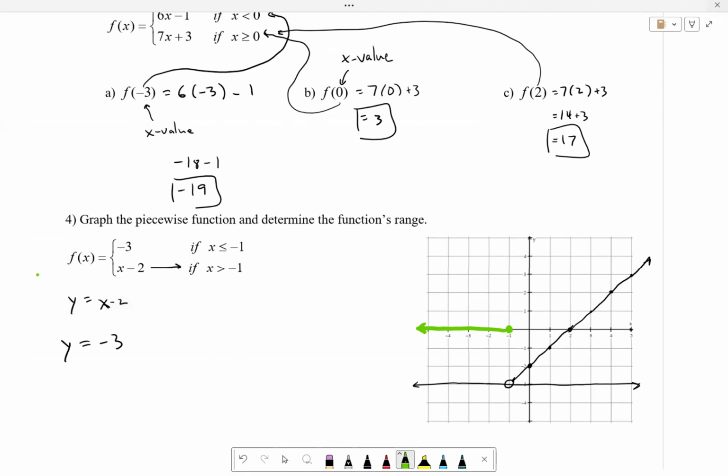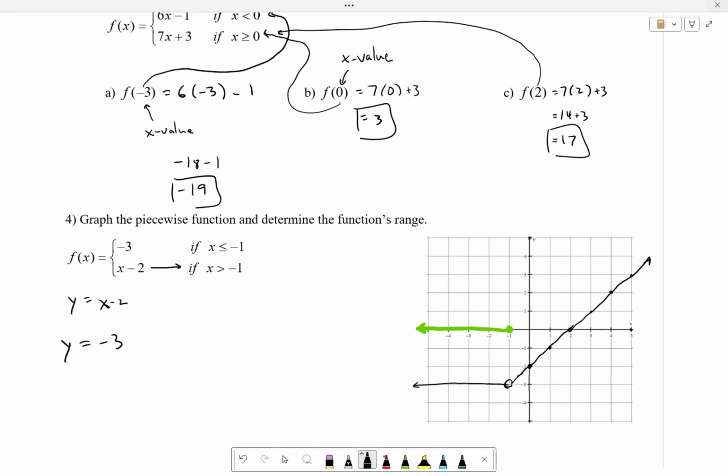Okay. So that second line I just drew, this one, I'll keep only the part that's under those x values. In other words, I need to do some more erasing. So I think this has got to go, this has got to go, and what's going to happen with this point?